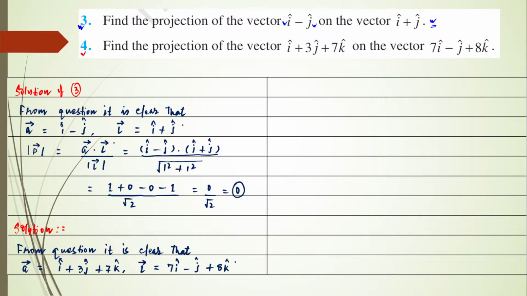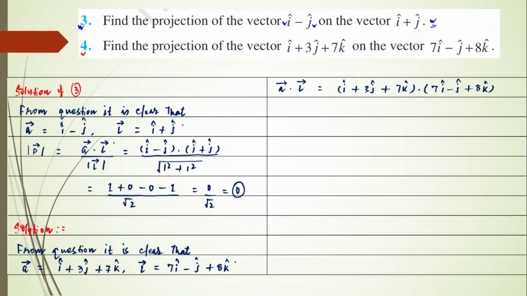We find out here vector A dot vector L equals unit vector i plus 3j plus 7k dot 7i minus j plus k.